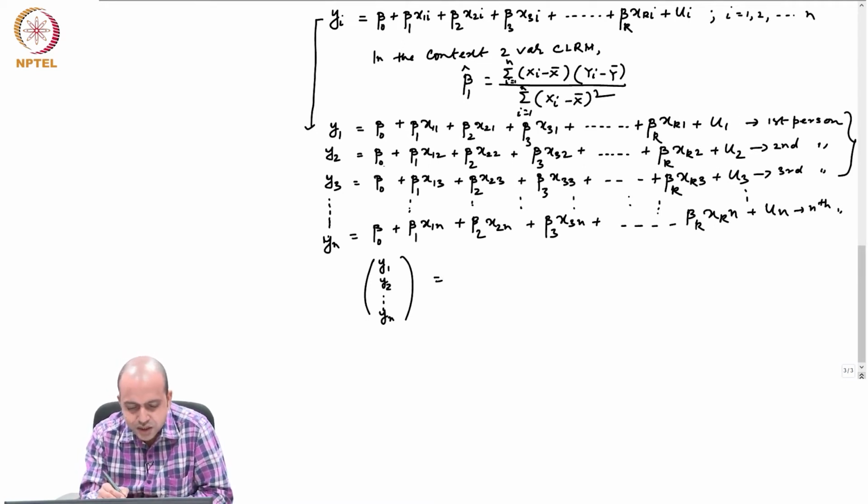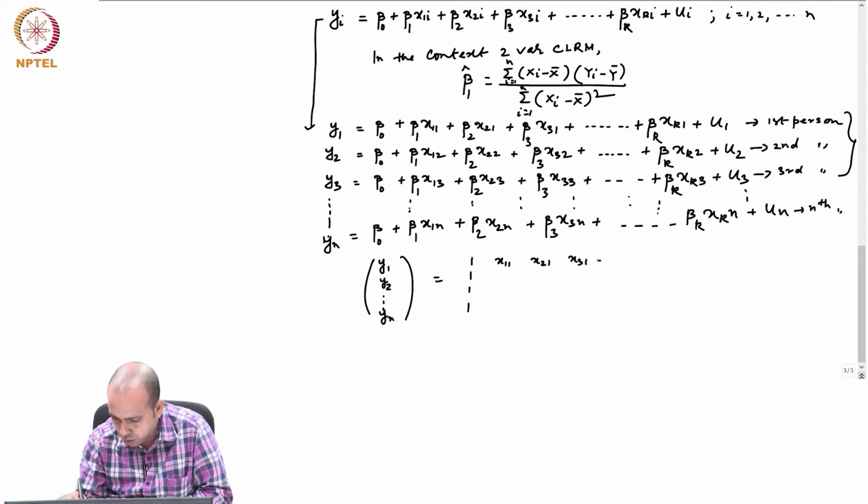We can take this intercept beta 0 outside, then this would become 1, 1, 1, 1. Okay. Then we will get x11, x21, x31 dot dot dot xk1, then x12, x22, x32 dot dot dot xk2.